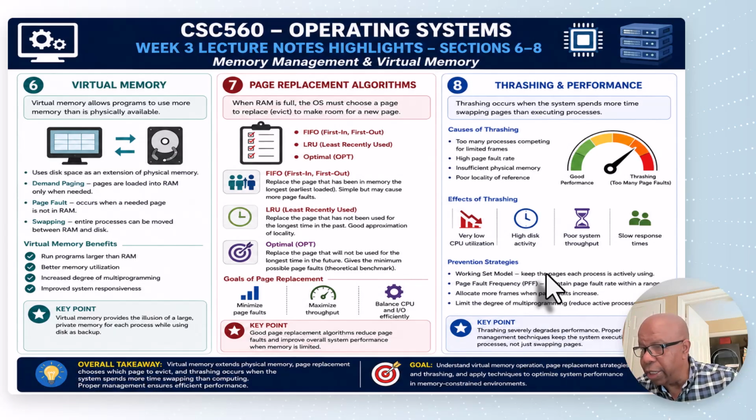That's the working set. Page fault frequency: maintain the page fault rate within a range. When I get out of that range, I stop that process from executing until later on. Allocate more frames when the page faults increase. Key point here: thrashing severely degrades performance.